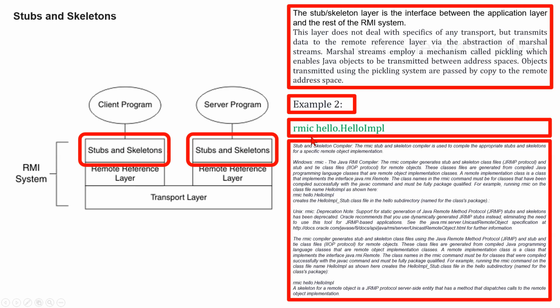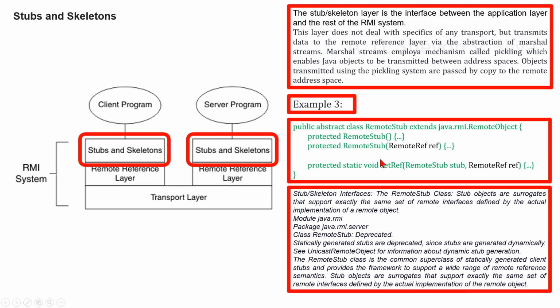For example, running the RMIC command on the class file HelloImpl in Unix, as shown here, creates the HelloImpl_Stub.class file in the hello subdirectory named for the class's package. Here, rmic HelloImpl. The skeleton for the remote object is a JRMP protocol server-side entity that has a method that dispatches calls to the remote object implementation.